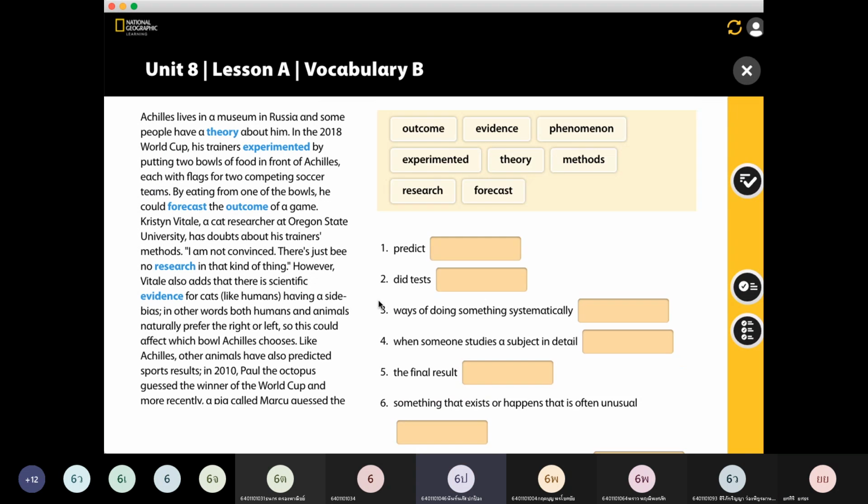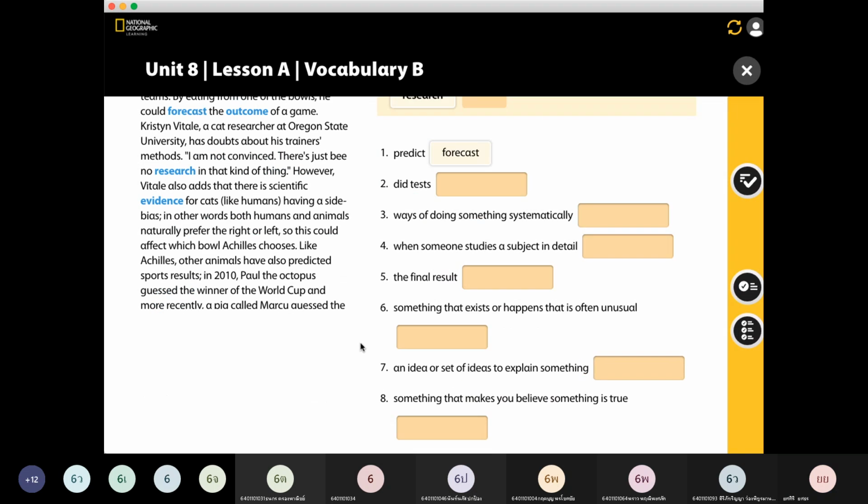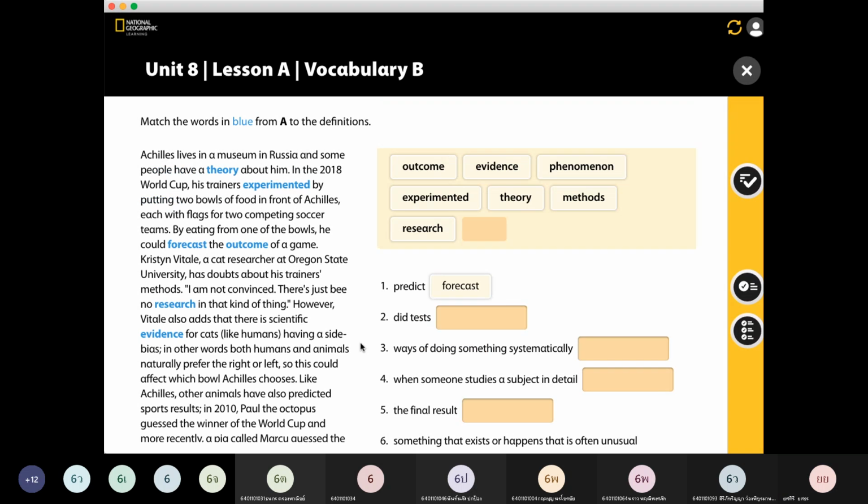Number 1, forecast. Number 2, experiment.